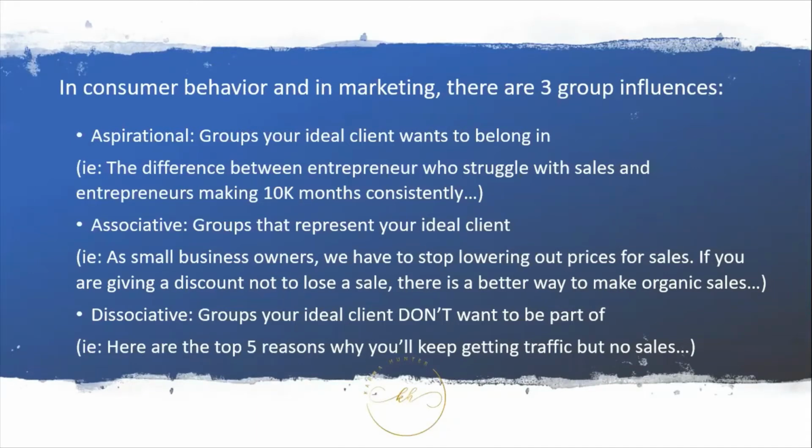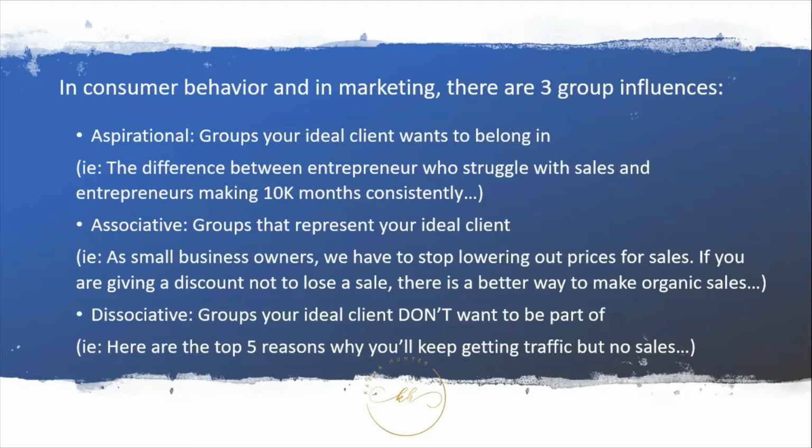And the next group is dissociative. What is this? This is the group that your ideal client doesn't want to be a part of. Like your target audience does not want to be this. So let's look at the, I'm sorry, dissociative group. What can that be? If you're an entrepreneur, obviously you don't want to be associated with a broke entrepreneur or an entrepreneur who doesn't make any sales, right?